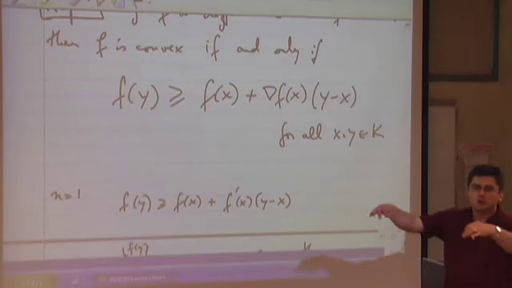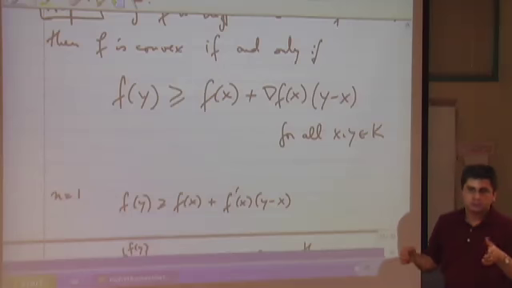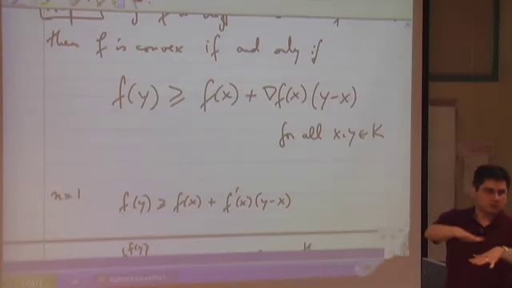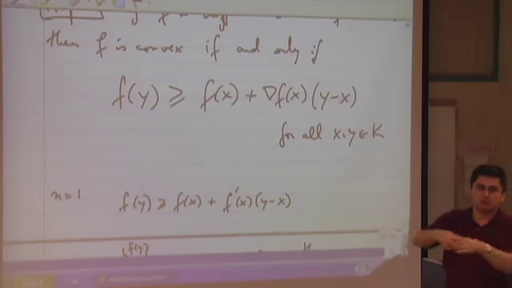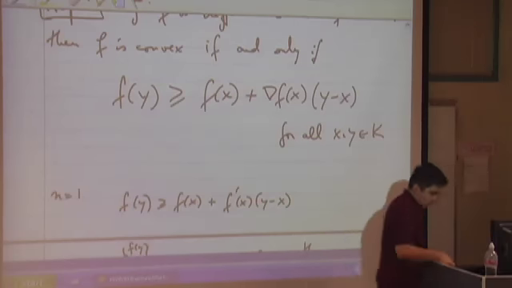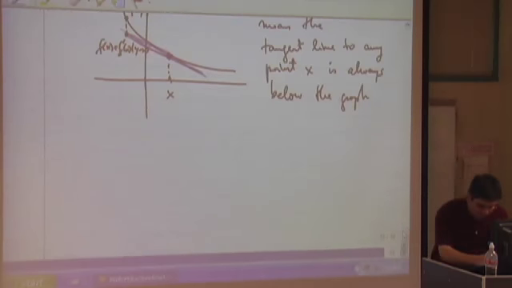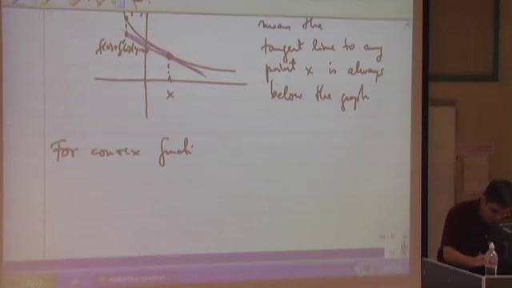Can you find multiple critical points? If you do, then this means that the function is sort of constant along them. I mean, you have multiple critical points. So for convex functions, it means that critical points are minimum points.